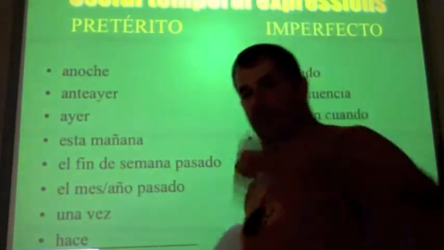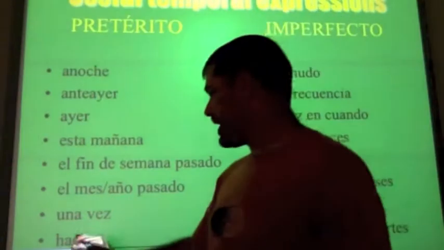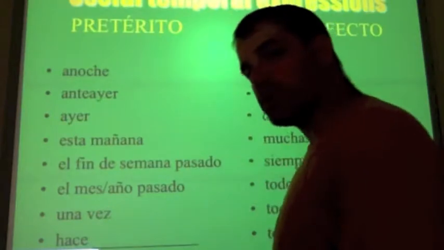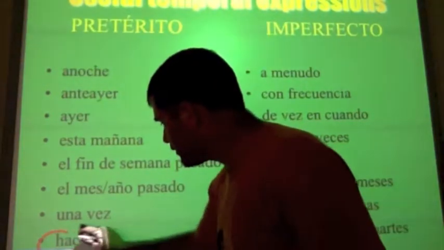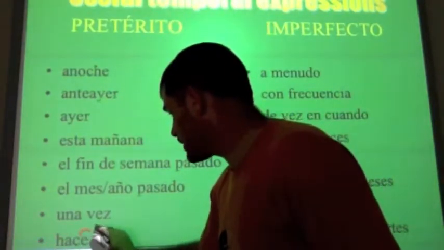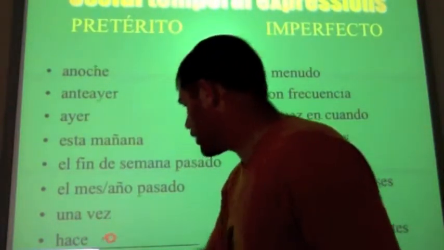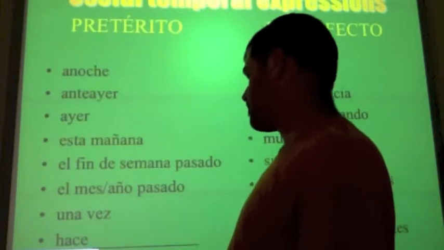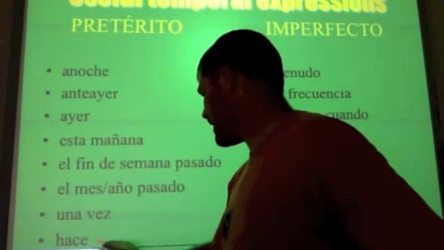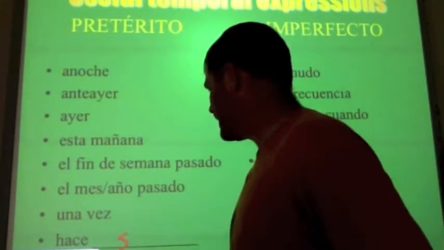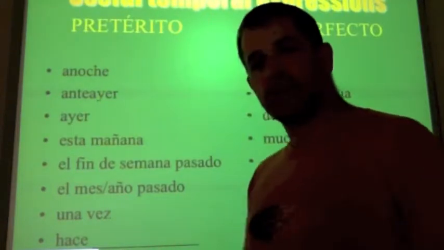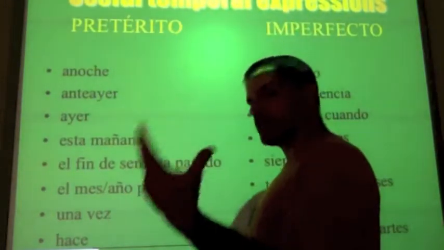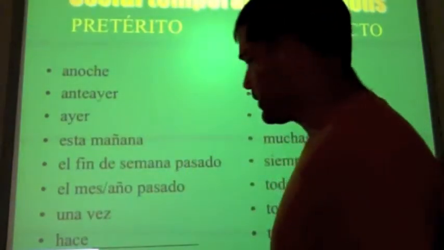Oh, this happened one time, una vez. And then hace, remember our time expression when we want to say ago? If we use hace with any period of time, that basically translates out to our English word ago. All right? Hace 2 días, 2 days ago, I did something.